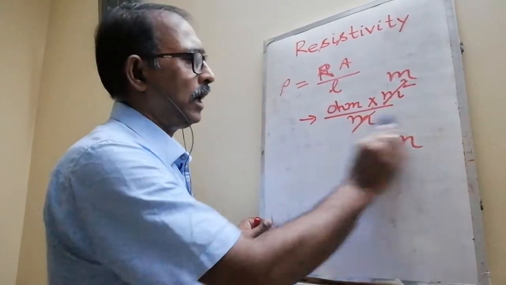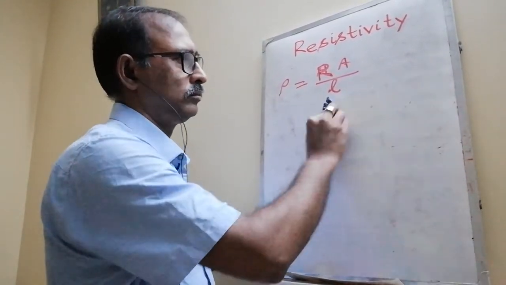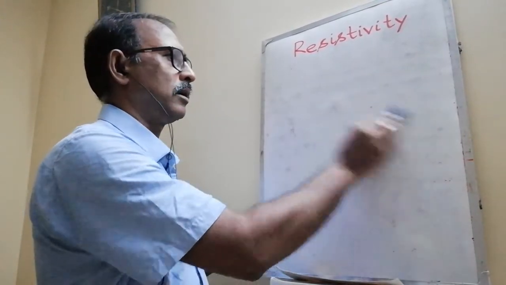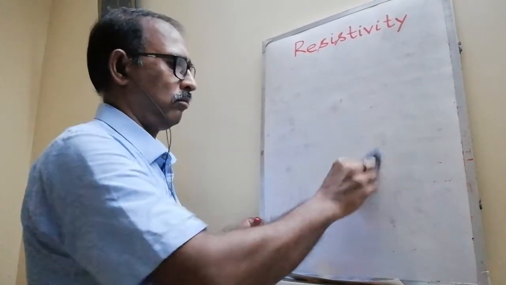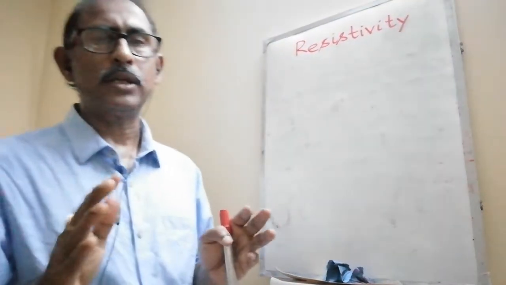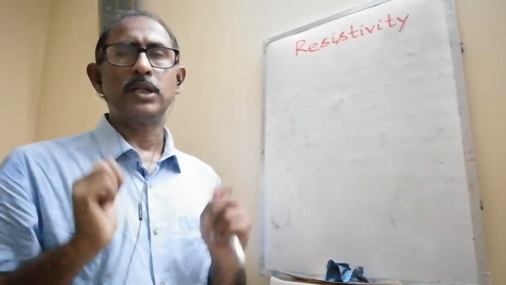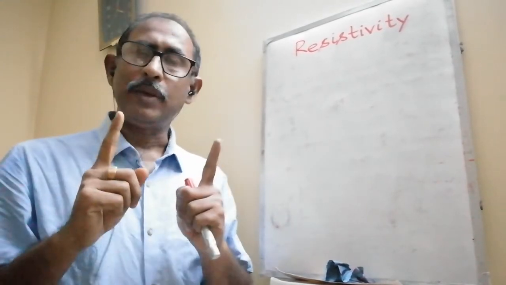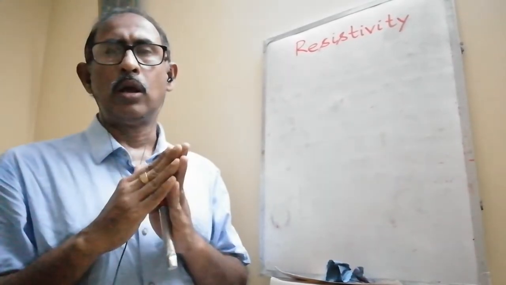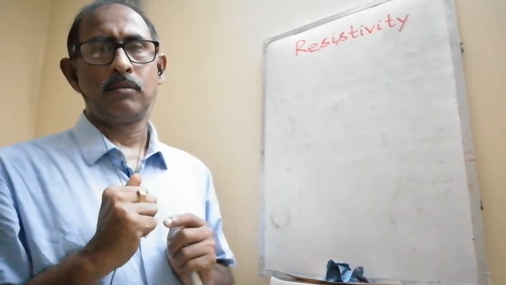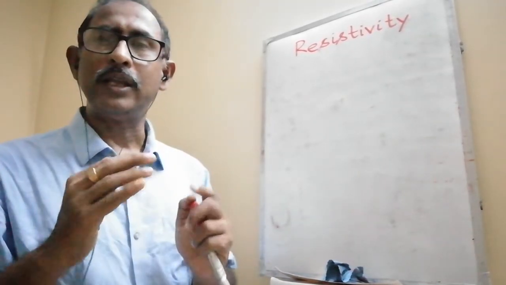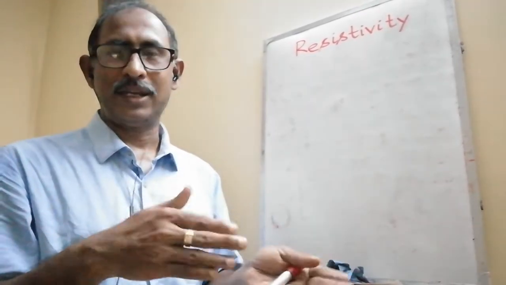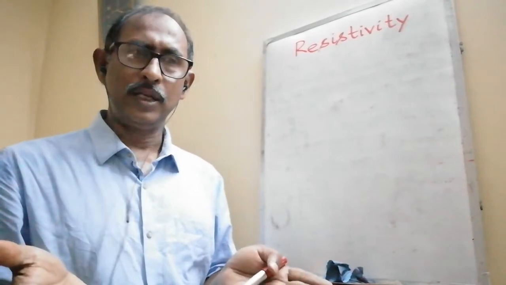Now here is another question. Is the resistivity totally constant? No. Resistivity is not a universal constant. Resistivity depends on two factors. One is the material of the conductor. If the material changes, the resistivity changes.